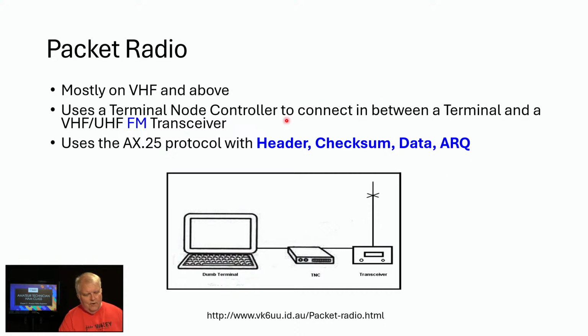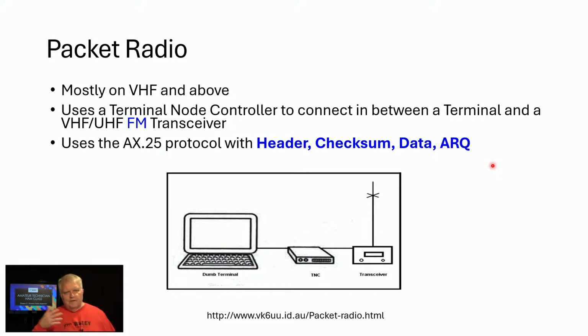And that structure of the data has a header, a checksum for parity checking, the data that is the payload of the message, and then something that uses automatic request for retransmission. If the receiving station gets the packet properly, it will send a signal back, acknowledge.